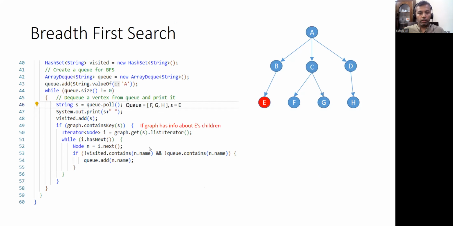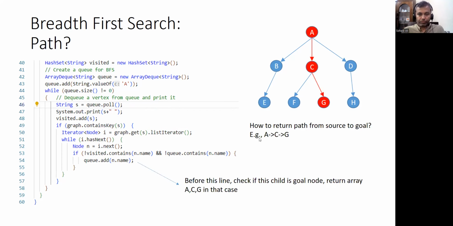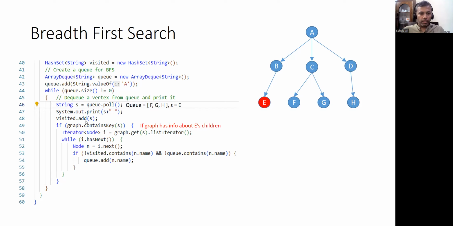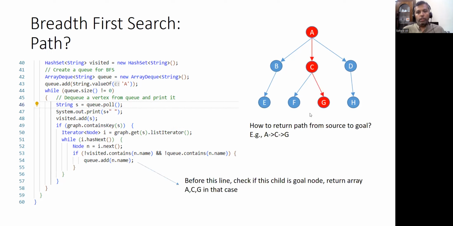So in this way you are going to break out of this while loop, because my graph doesn't have any information about children of E, F, G, and H. So if you just print out each parent as you are exploring it, you'll see that it will print A, B, C, D, E, F, G, and H.